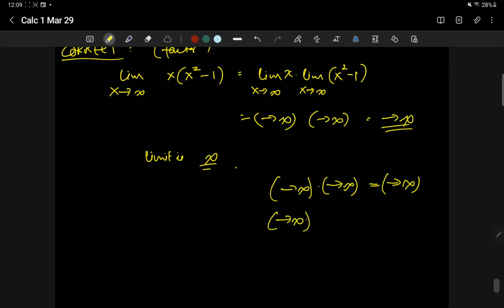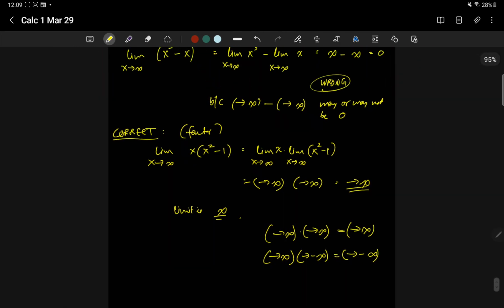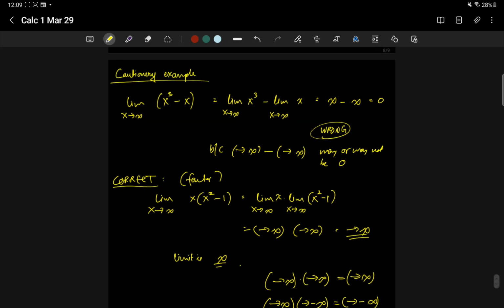If you have something going to infinity multiplied by something going to negative infinity, it will go to negative infinity. However, if you have a subtraction of two things going to infinity, then they will not necessarily go to 0. They may go to some other number, they may go to infinity, they may go to 0, they may go to any number. So those kinds of conclusions cannot be drawn that easily. We have to be a little more careful about it.